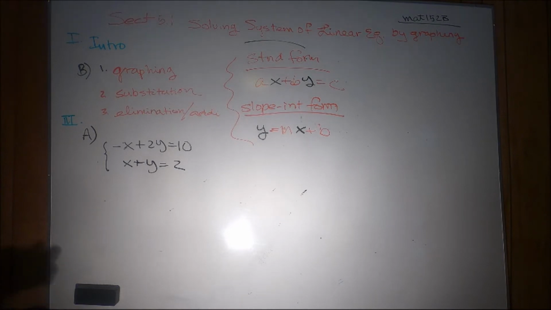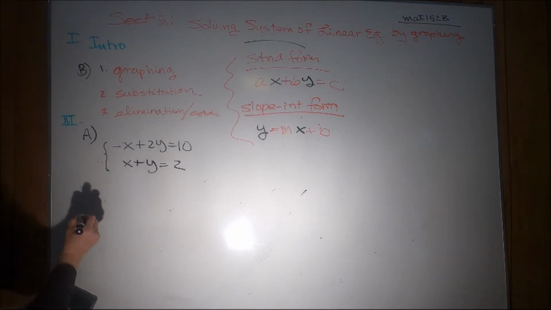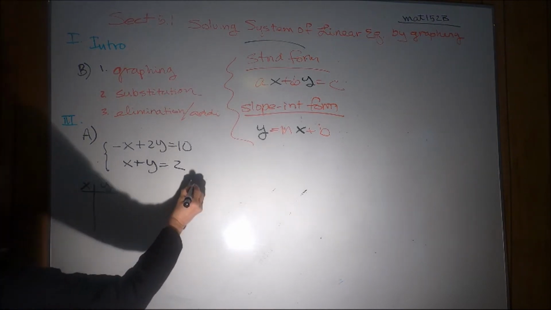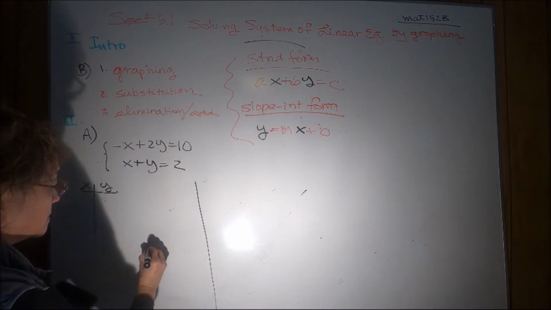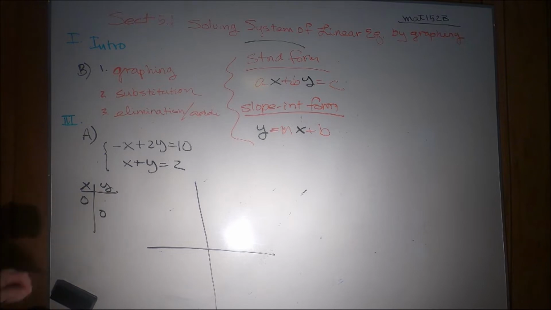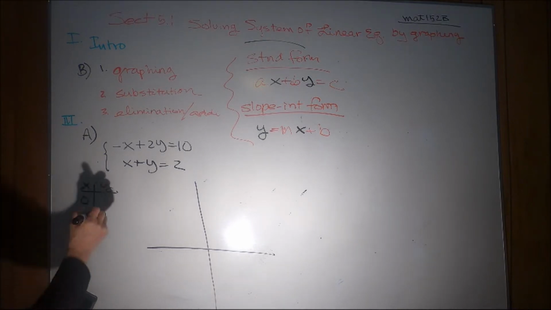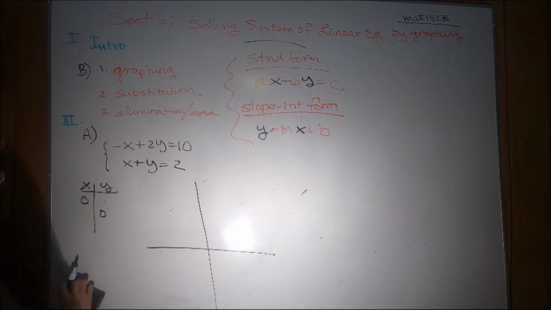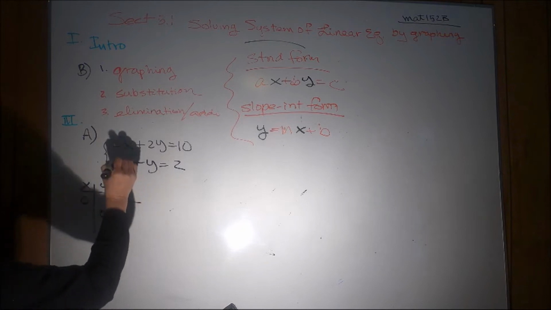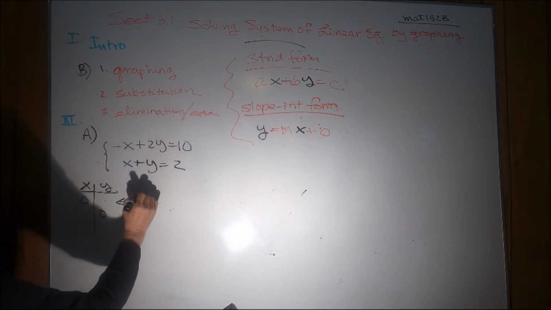A T-table to do it, right? So for the first one, we have x and y, right? We just use the simple method. We use, how about 0, 0? Use the intercepts to graph it. So when we put in the first one, what do we have? x is 0 for the first equation, right?